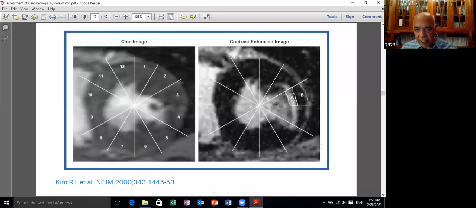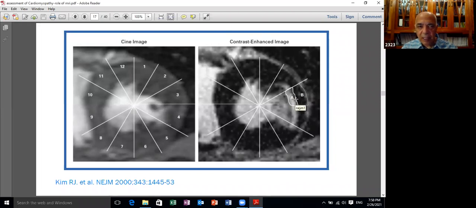You compare A to A and B, and this is the most precise method by which you can quantitate the amount of myocardial infarction. In any other modalities, we compare A with the adjacent viable segment, but here you are comparing A with the adjacent part, which is of the same segment. So if you look into A here, then you can say that this infarction is taking almost 40% of the left ventricular wall in that location.